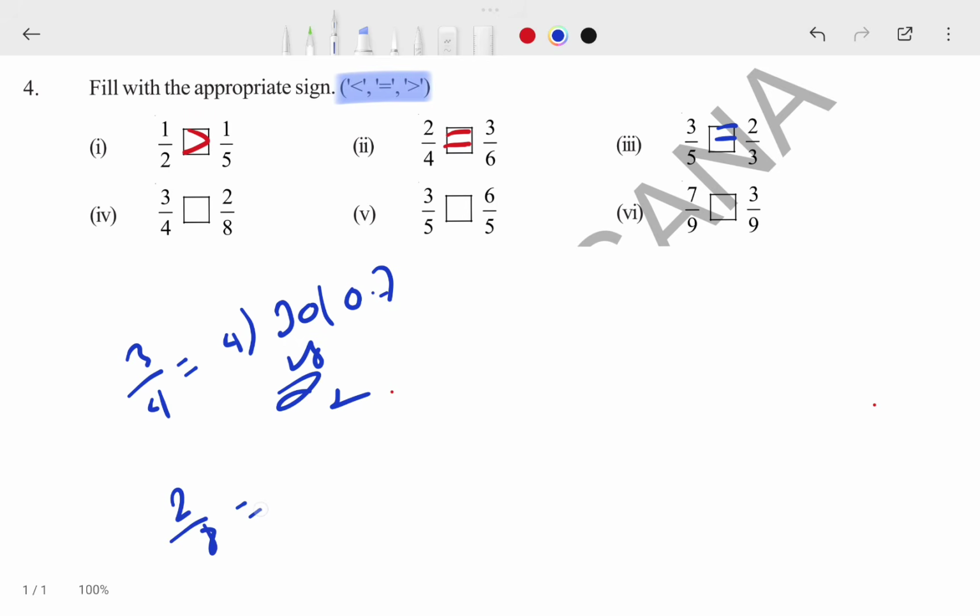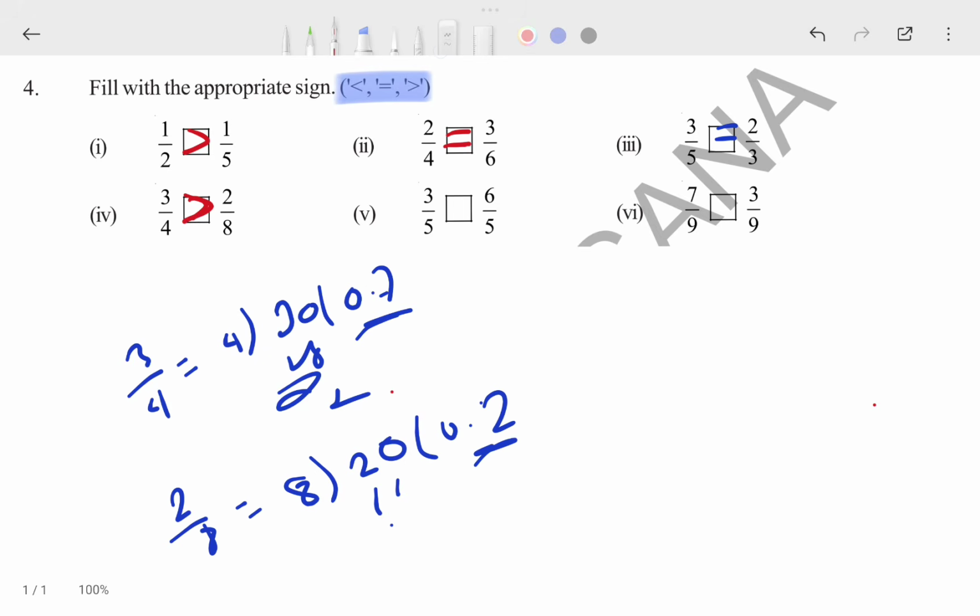Then 2 by 8, 0 point 2, and 3 comes 2 times. Is 0.7 greater or 0.2 greater? Tell me, which is greater, 0.7 or 0.2? Of course 0.7 is greater, so here it is greater.